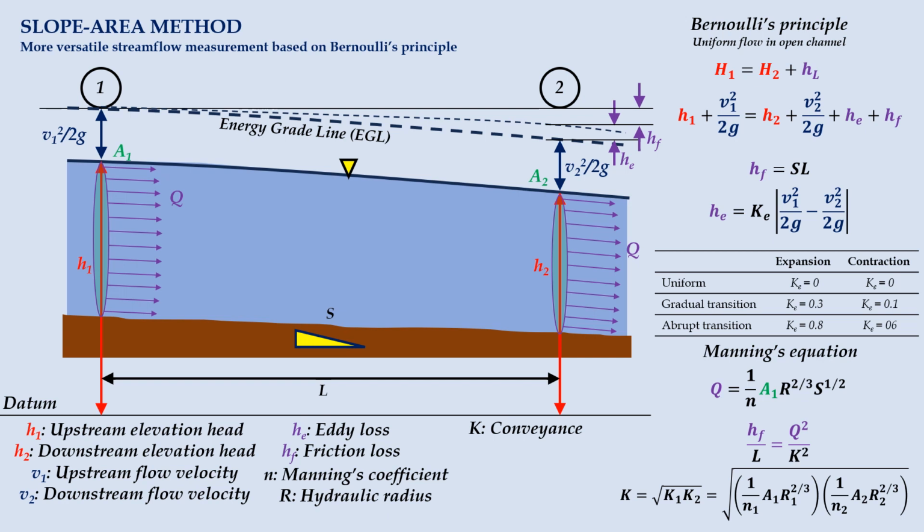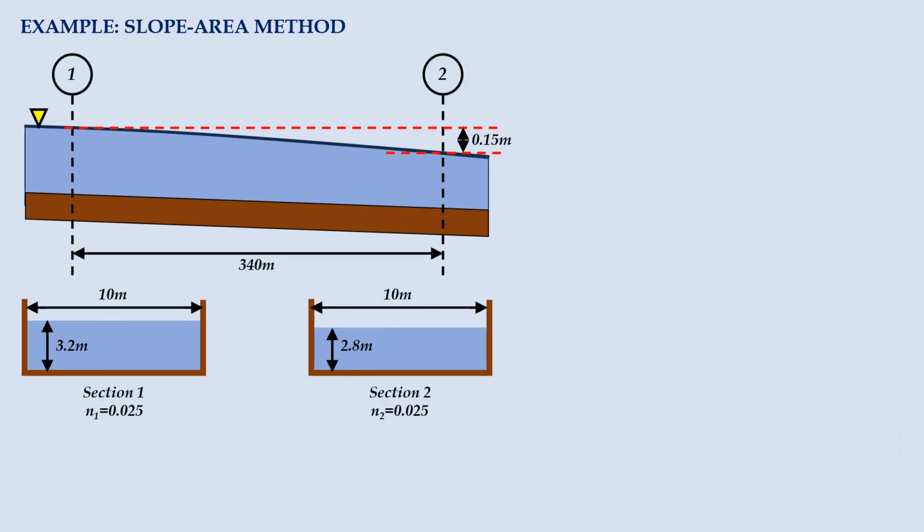From this equation, we can express the energy slope as a division of head loss by the length of reach L. Let K be the conveyance of the channel, and we can simplify the equation. Where non-uniform flow is considered, we need to use average conveyance in our calculation. The calculation for discharge using the slope area method is an iterative process.